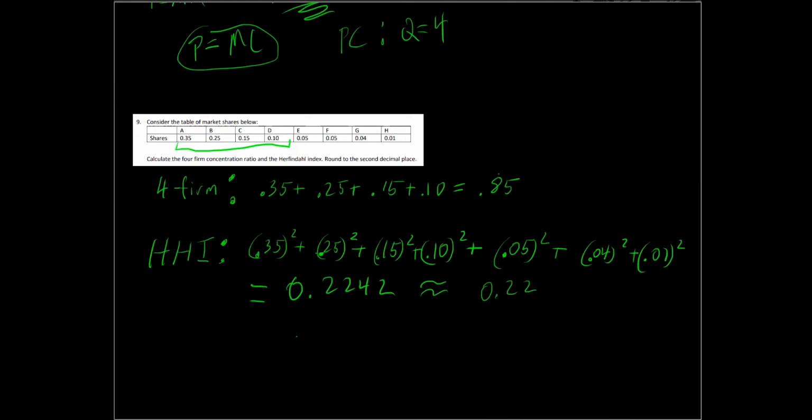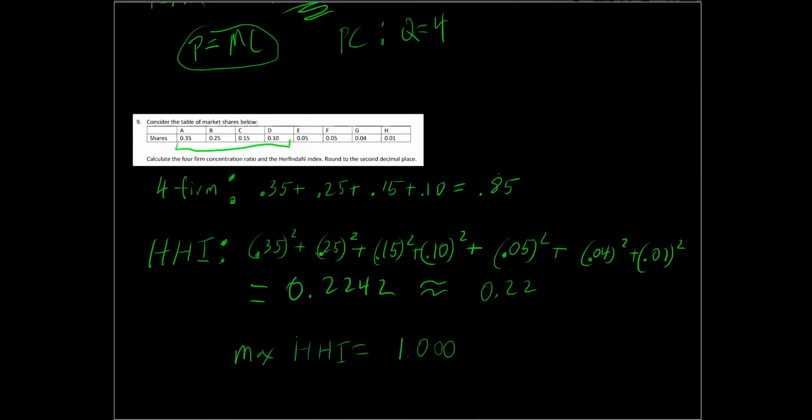And so 1 squared is just 1. And so the maximum value of HHI is 1.00. And anything less than that is going to be less concentrated than that perfectly concentrated example.